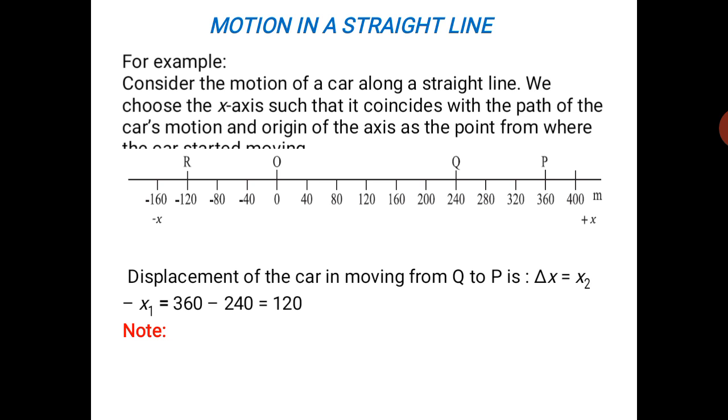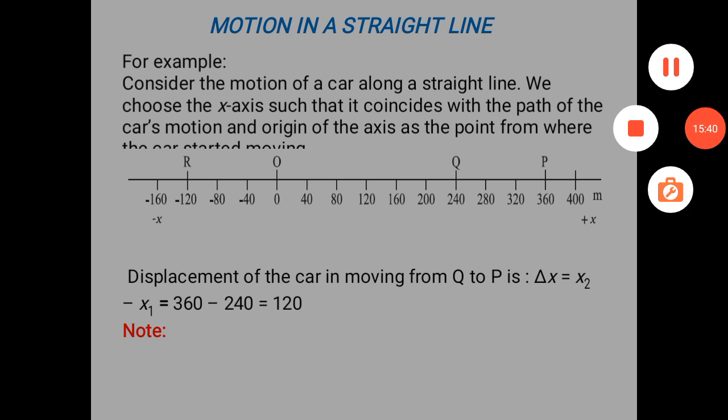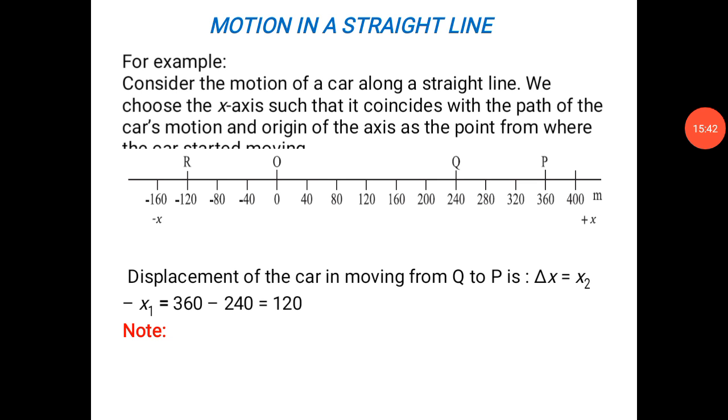Suppose in the same example, if the particle travels from P to Q, then the displacement is 240 minus 360, which gives minus 120. And the distance is the same in both cases.